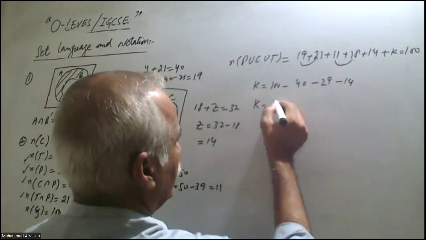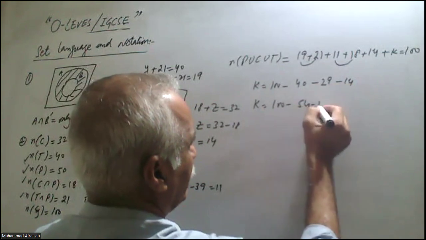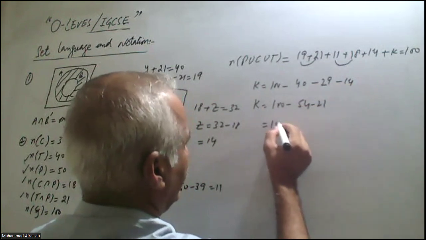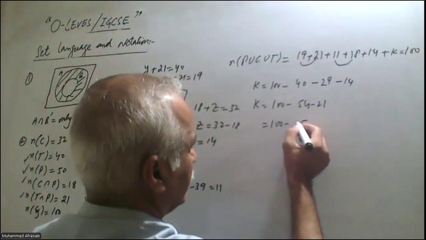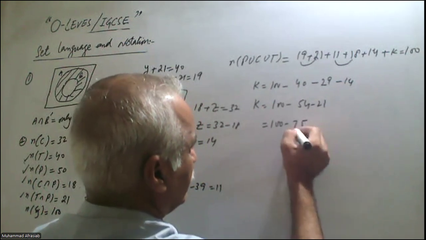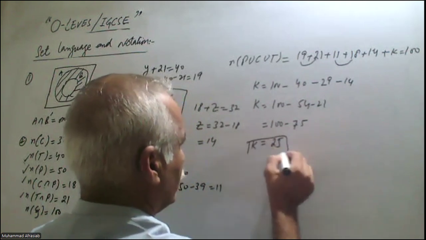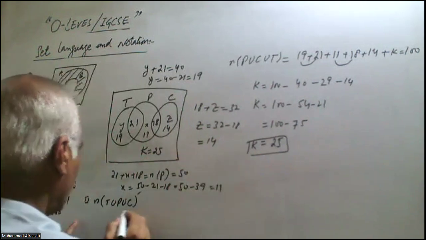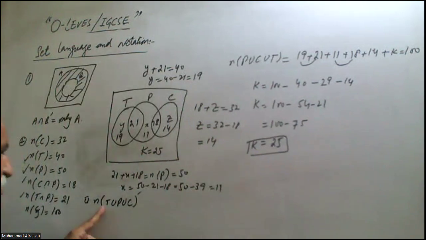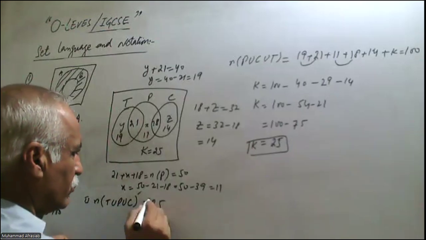So k should be equal to 100 minus 54 minus 21, or it should be equal to 100 minus 75, or it is equal to 25. So this number is represented by 25. So the number of elements of T union P union C whole complement is equal to 25.